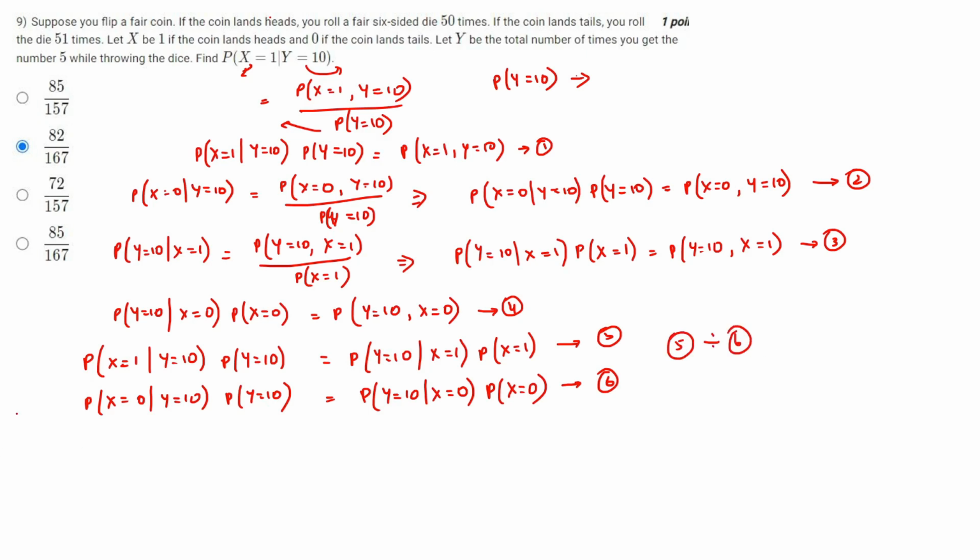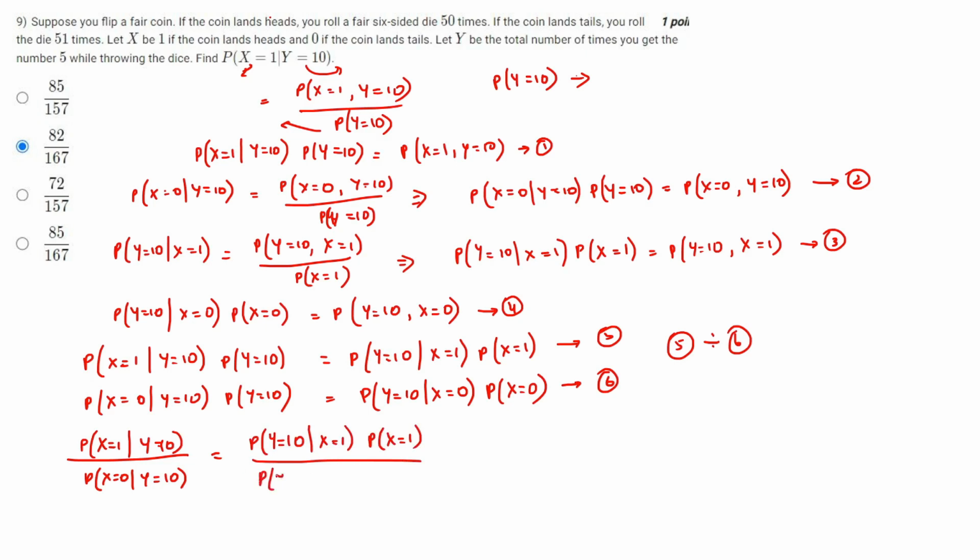If I divide this, the P(Y=10) term will be cancelled, so what's remaining is P(X=1 | Y=10) divided by P(X=0 | Y=10), which equals P(Y=10 | X=1) times P(X=1) whole divided by P(Y=10 | X=0) times P(X=0).